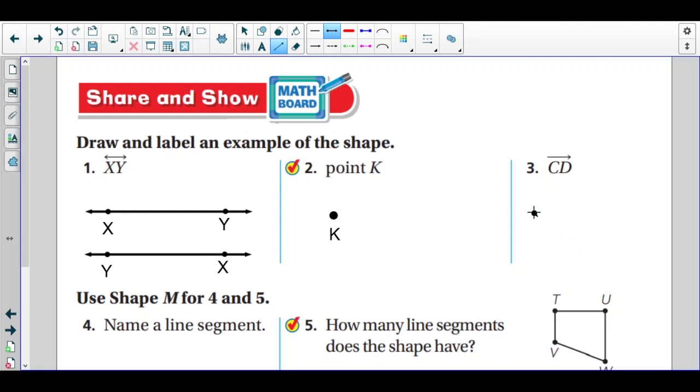So we can make our ray this way with the point that we need. One there, and one there. Labeled as C, D.